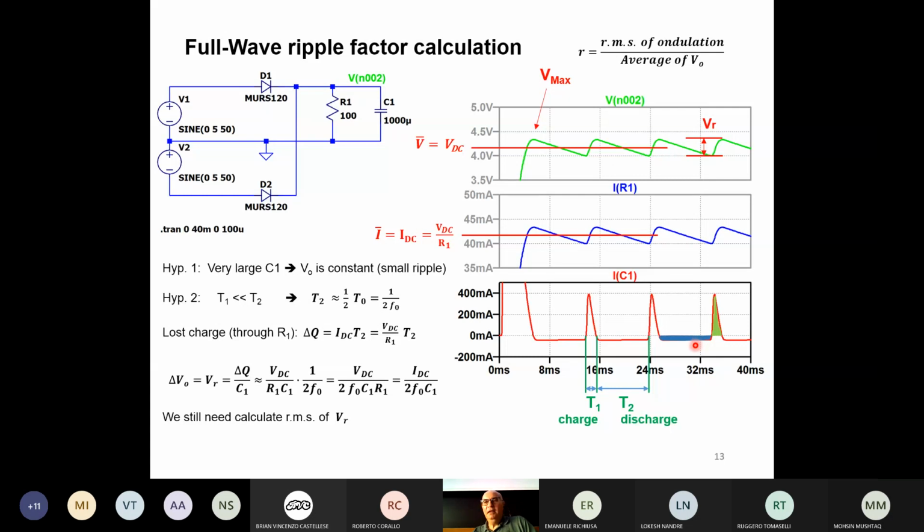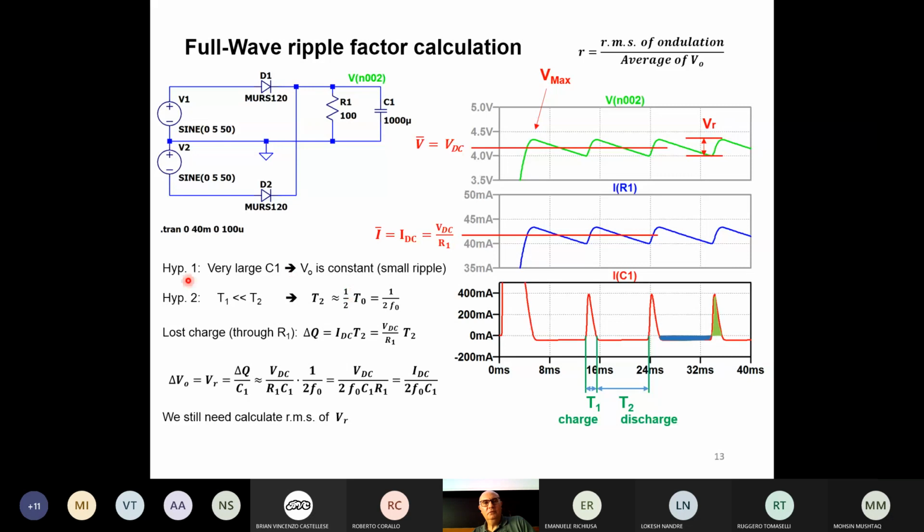But the green integral is much more complicated than the blue integral because we don't know the exact shape of the peak. It's a nonlinear behavior that is very complicated. While we can almost easily calculate the blue zone area because we can consider that we have a constant current, more or less, for a certain time interval, T2.